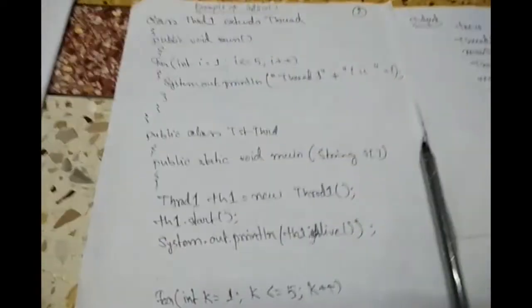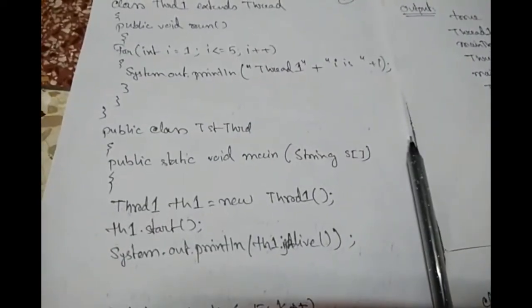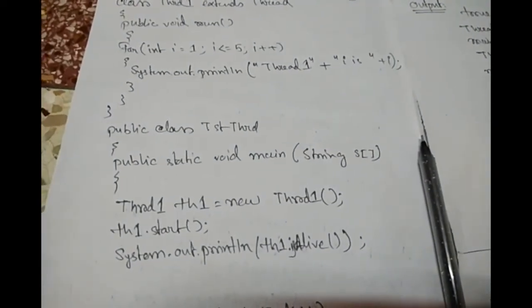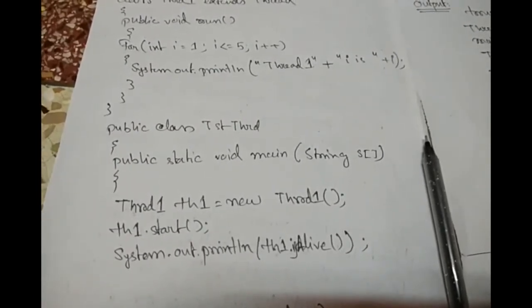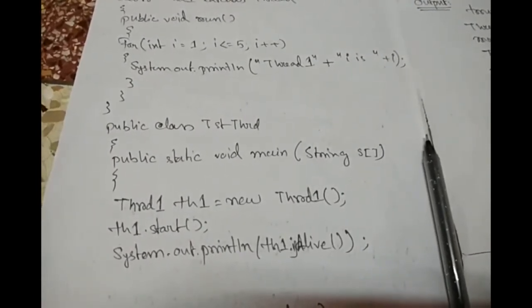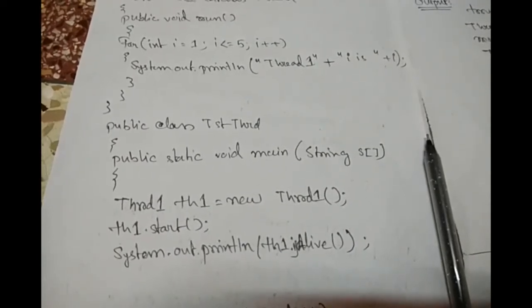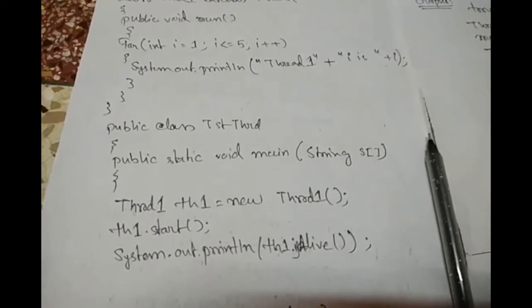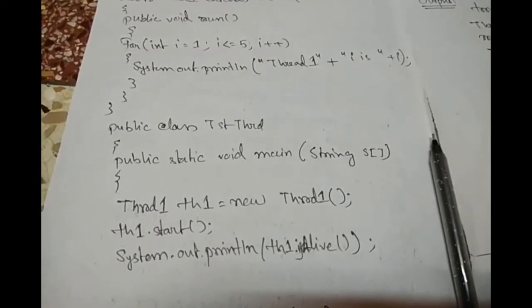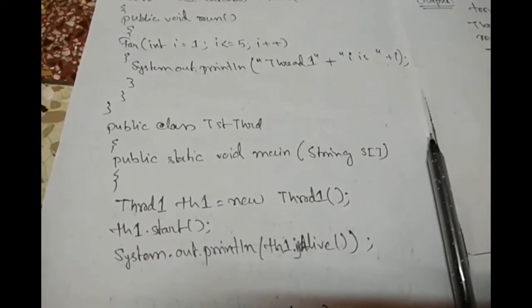So we have to write another class, that is public class TestThread. Under that, public static void main(String[] s), and then we have to create the thread class object, that is Thrd1 th1 = new Thrd1.